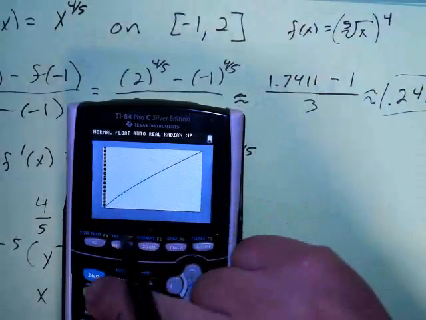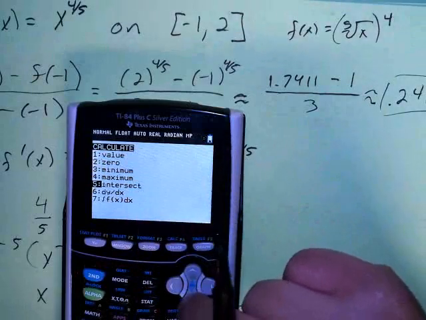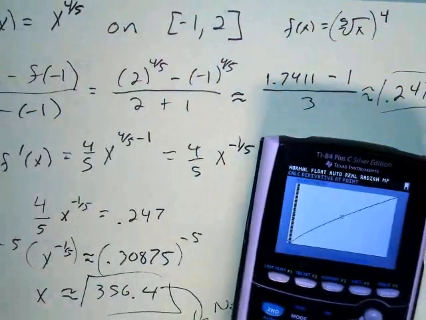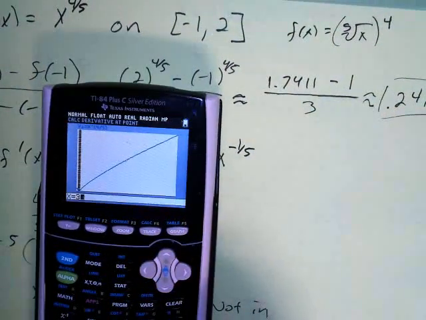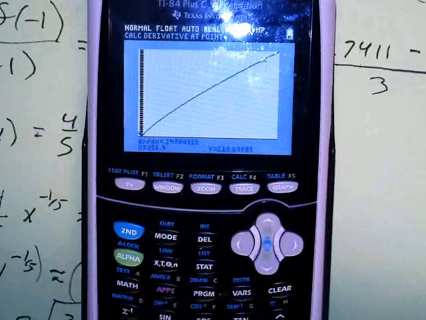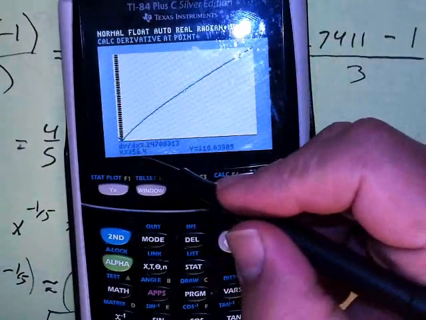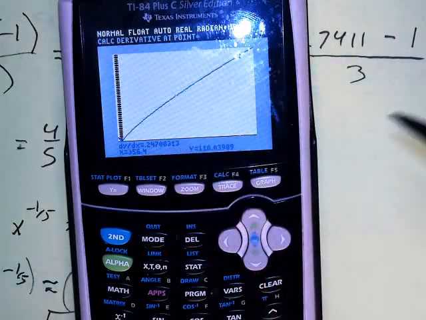And so now what I can do is put the derivative at this point, 356.4. You can see what my derivative is there is 0.24700313.